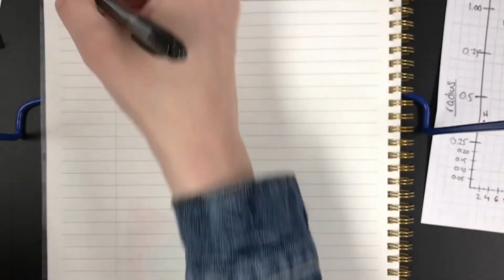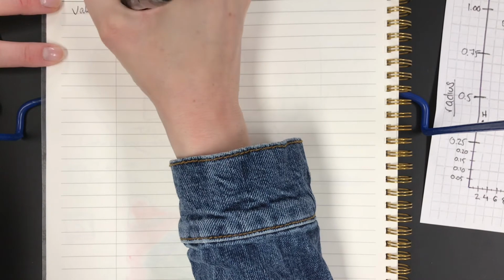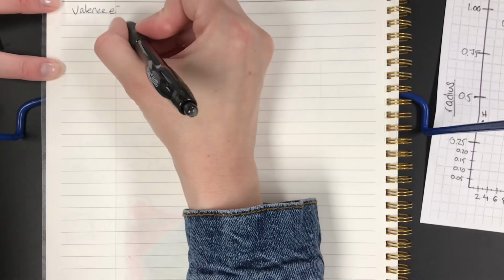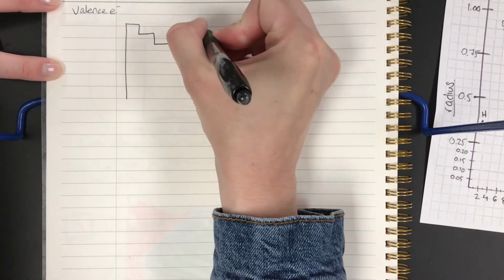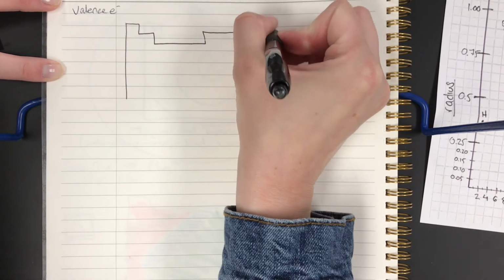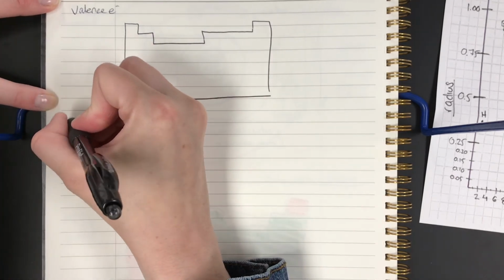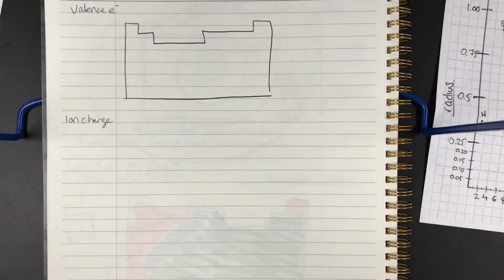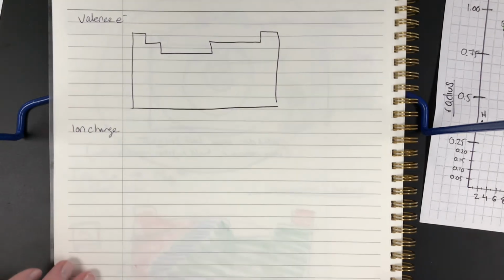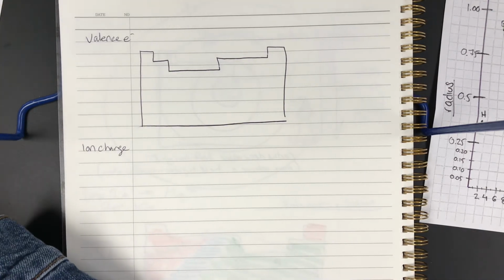Okay, the next one, we're going to be looking at number of valence electrons by family, and the ion charge. So we're going to need to separate out our 8 major families here.